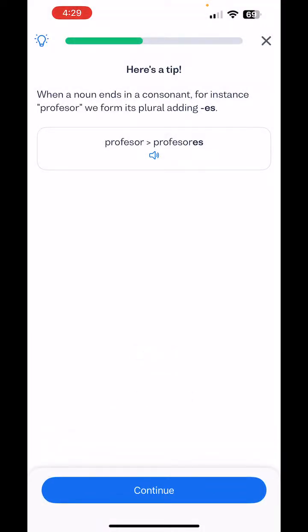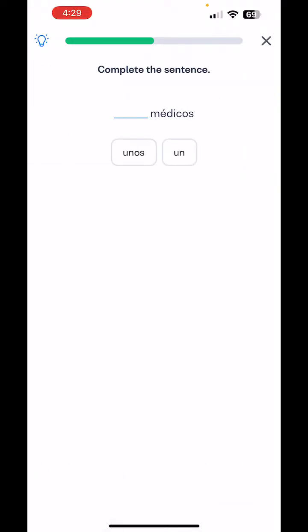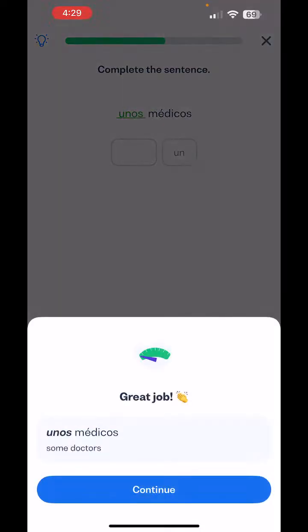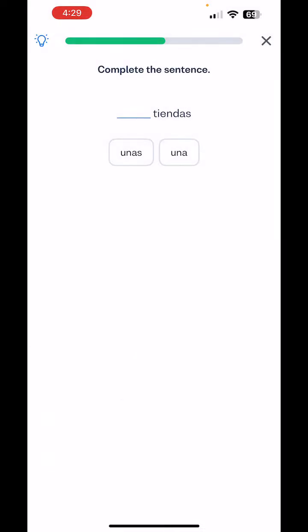When the noun ends in a consonant, for instance, profesor, we form its plural by adding es. Profesores, profesoras. Okay, that makes sense. Médicos. So unos médicos. Unas tiendas.